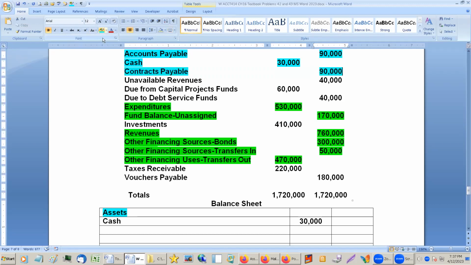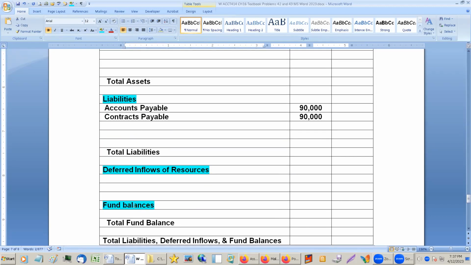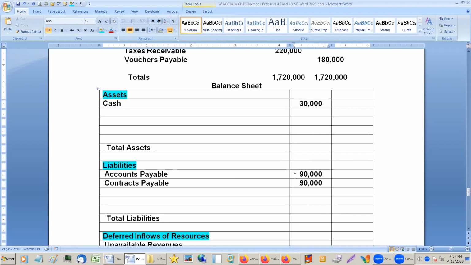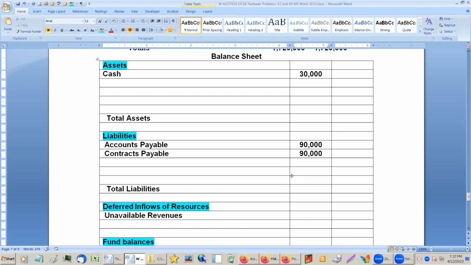Here's the wacky one. Unavailable revenues. Liabilities. It actually kind of is like a liability, but it actually gets put into its own little group here. Deferred inflows of resources. And I think the reason for doing that is that it's not something that's usually paid back.